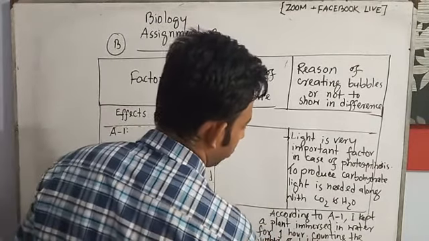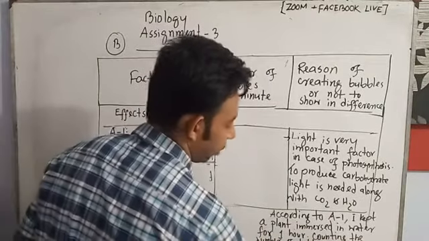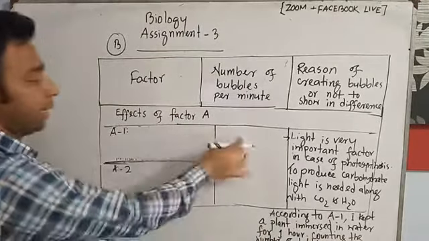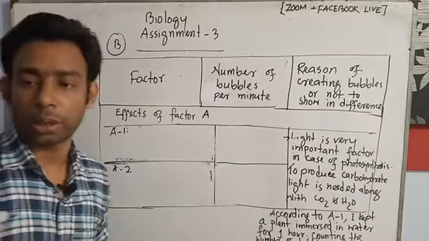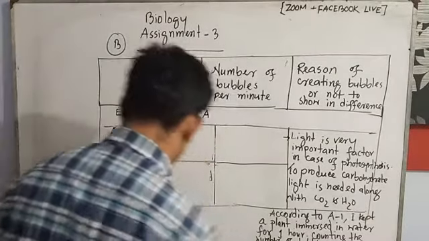The number of bubbles we got in there, 29 or so, whatever we get in the first one, the number of bubbles counted, that number you will write in this way.